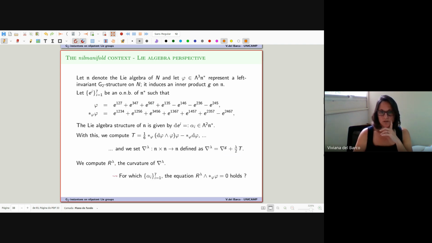And then the question that we want to answer is for which set of 7 2-forms, remember that these are the differentials, will this equation hold?